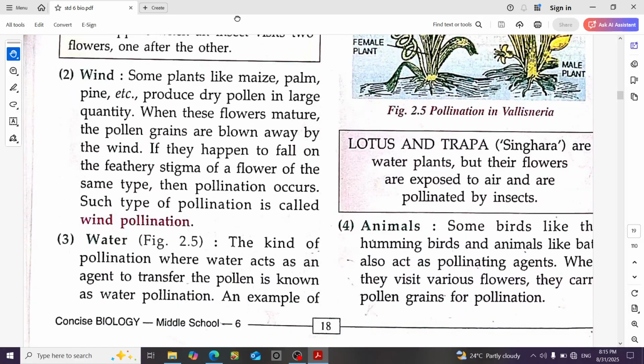Now wind also can carry the pollen grains with it. So when these flowers mature, the pollen grains are blown away with the wind. The pollen grains with the wind fall to the stigma of another flower, maybe of the same plant or another plant. Wind pollination occurs. Now this can happen with water also. Water can carry the pollen grains.